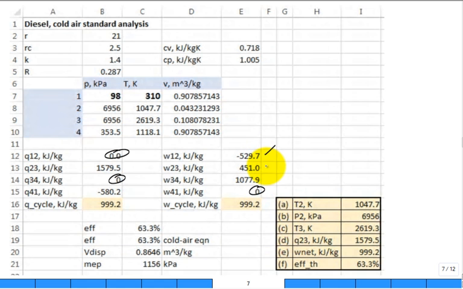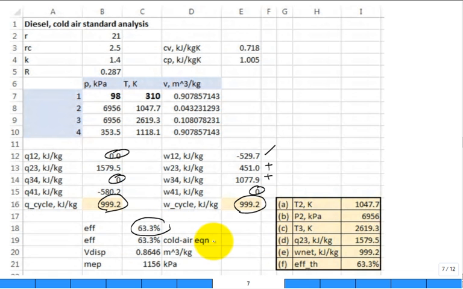We have a negative, 2 positives. You do the sum for the net Q in of the cycle and the net work out of the cycle, and they're equal. And then you can calculate the efficiency, and it's very high because it's an idealized analysis, but it gives us the right trend for the numbers, 63%.